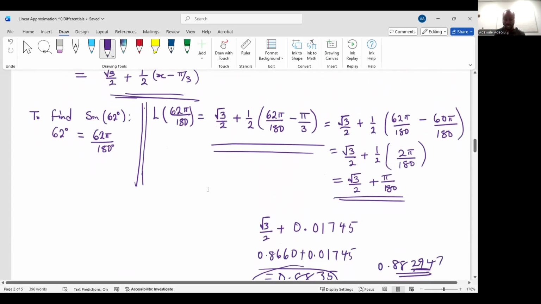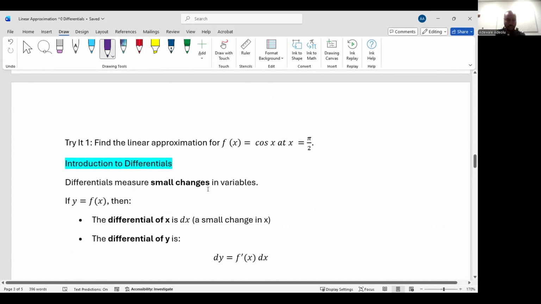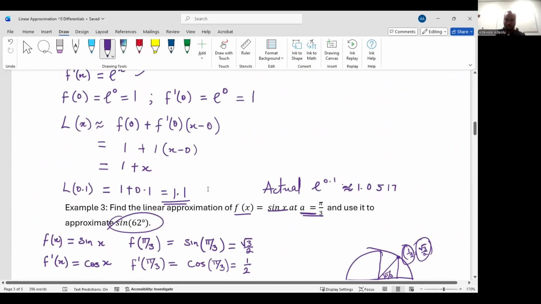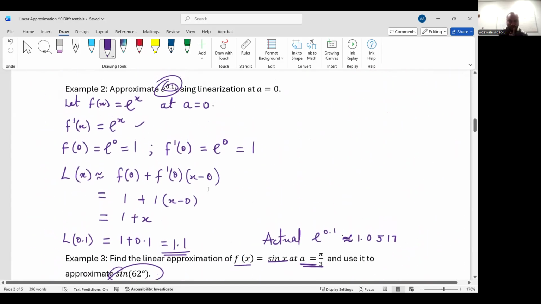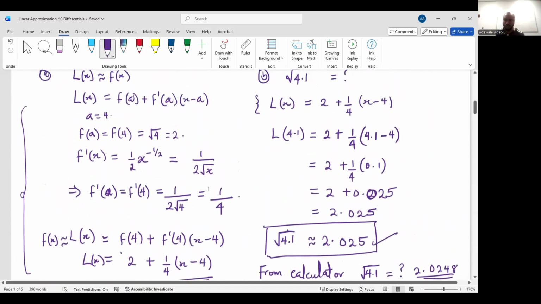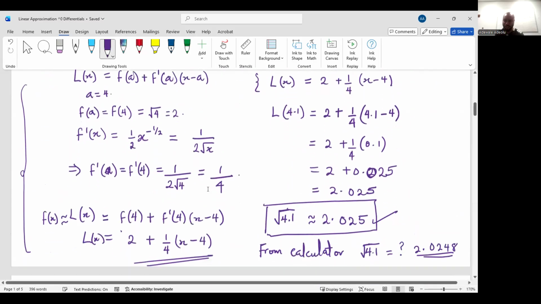Another thing we need to think of, let me show you something before we leave this. Let us go back to the square root concept. Let us use the linear function that we derived for square root of x to evaluate square root of 5 and see something.